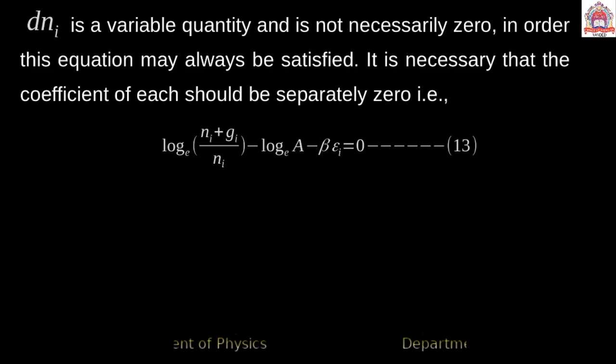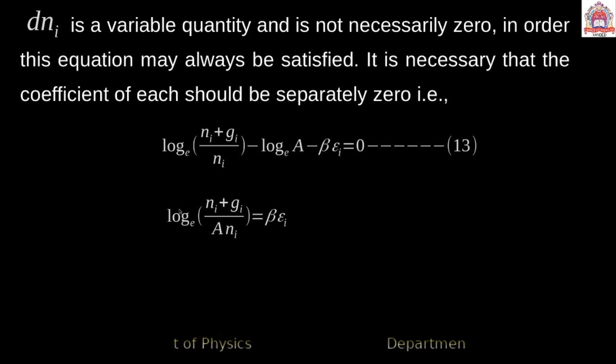So we get log_e((n_i plus g_i)/n_i) minus log_e A minus beta epsilon_i is equal to 0. Just rearrange it.